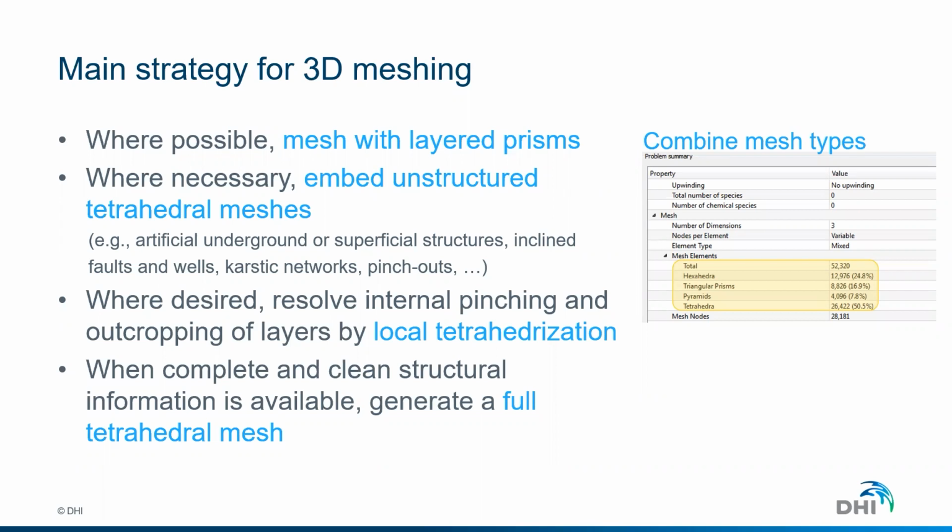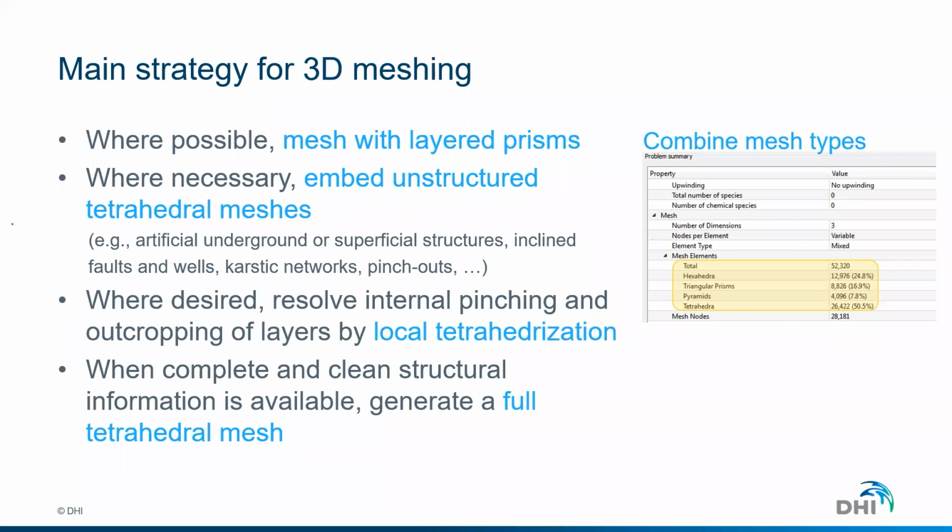If you have specific locations of the model where you would like to adjust, maybe you have an underground tunnel or a subway or a pipe system, you can use the existing workflows to create tetrahedral meshes and only touch those parts of the model which are interesting. If you have a geological model where there are a lot of pinchings or different intersections between faults and geological content, we can also use this workflow.